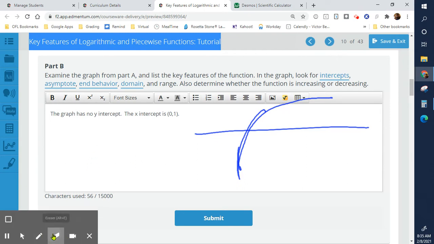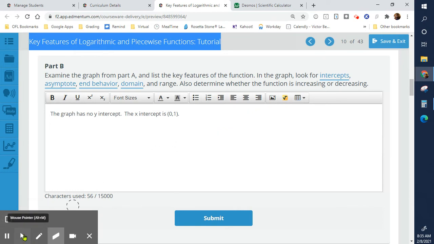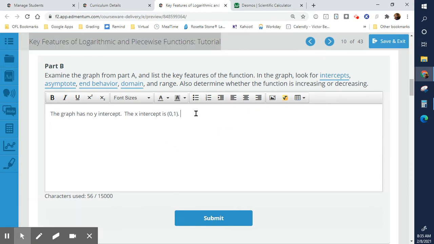So the asymptote. Since the graph never touches the y-axis, the asymptote is x equals 0.